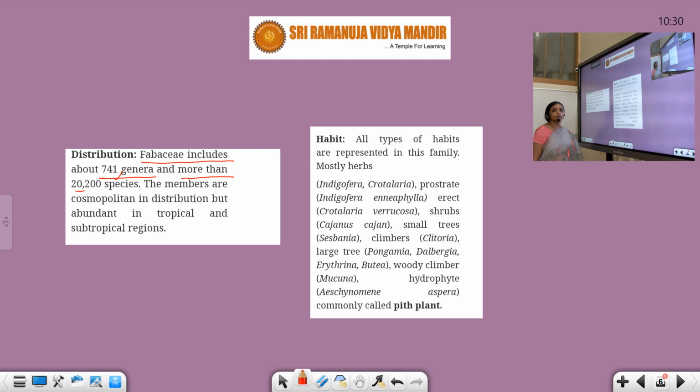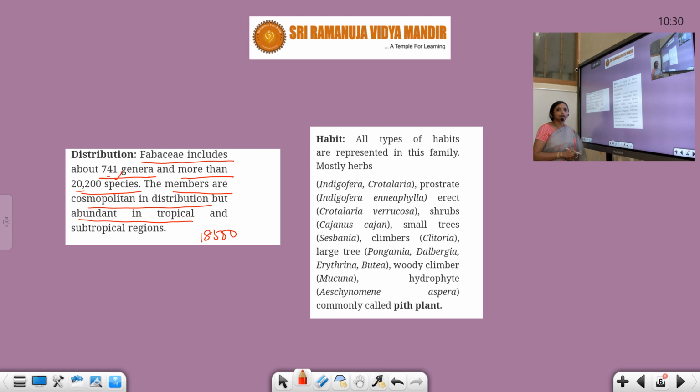In some books 18,500 is written, but actually a greater number of species are found. The members are cosmopolitan in distribution, that means they are distributed worldwide, but abundant in tropical regions.